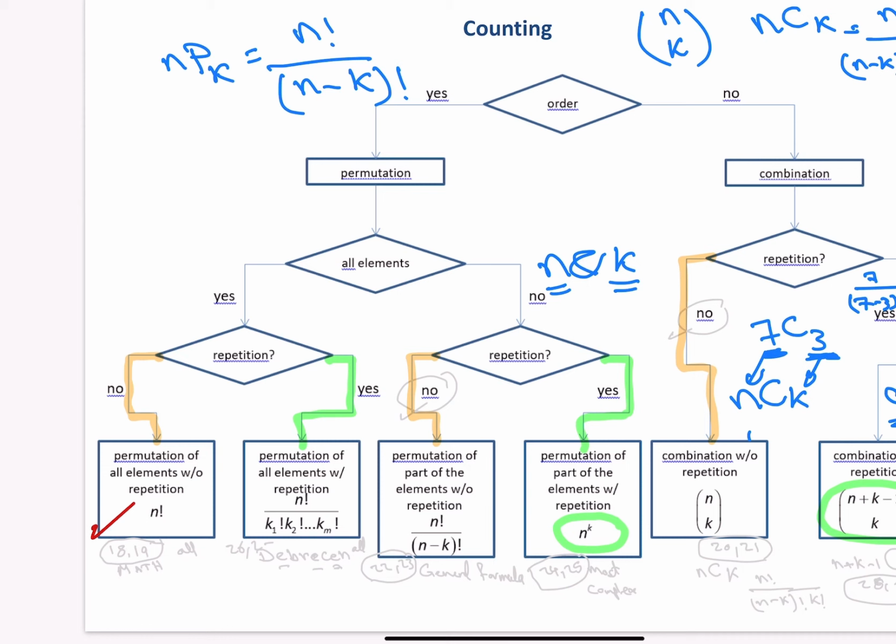For combination there is no repetition, and of course for combination we cannot use all of them, otherwise it will not be a different combination. So it's in k, and it will be this formula: n factorial over n minus k factorial times k factorial.